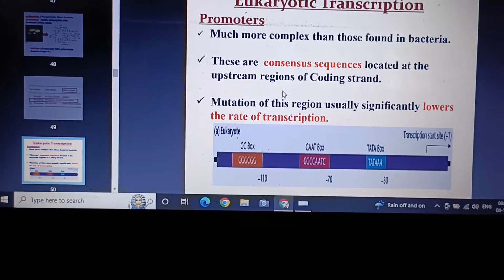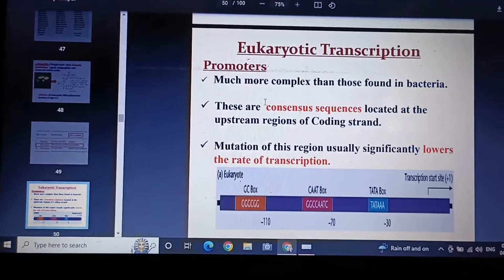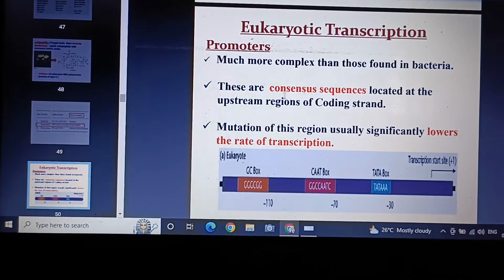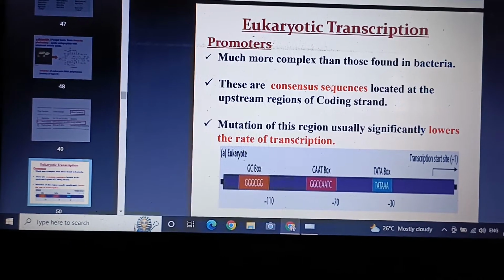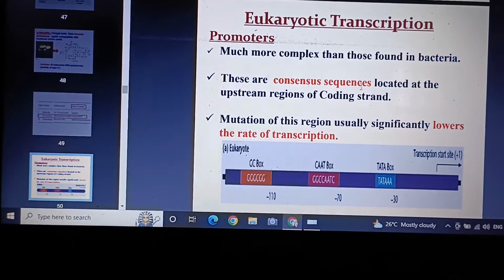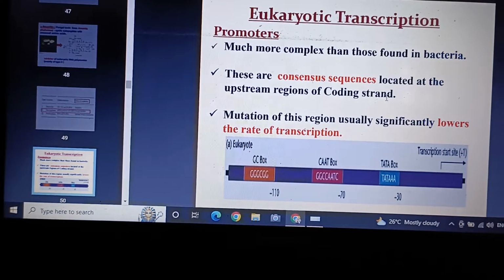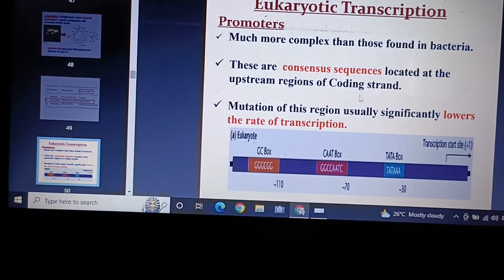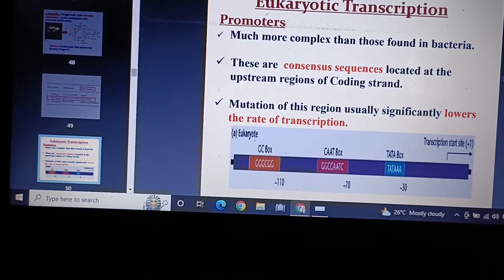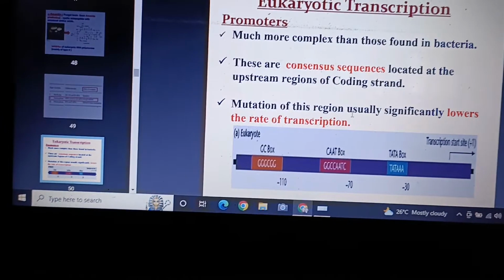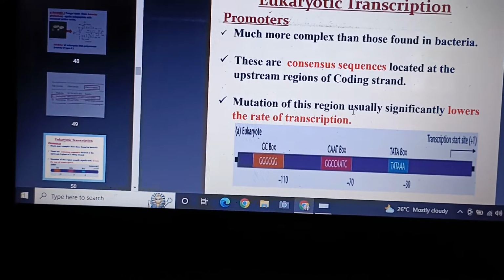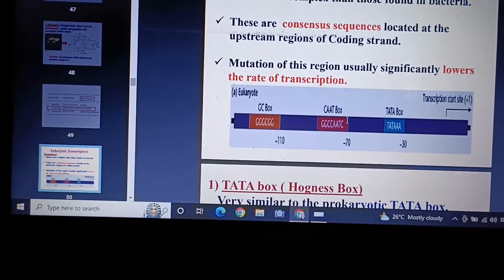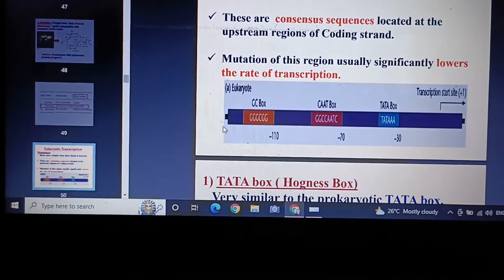So the promoter region has the consensus sequences located at the upstream region of the coding strand, as we all know. If any mutations are present in the sequence, it lowers the rate of transcription, so it will automatically affect your transcription rate.